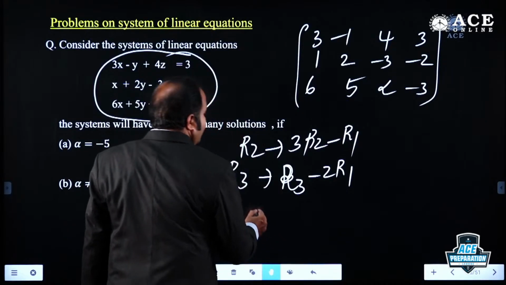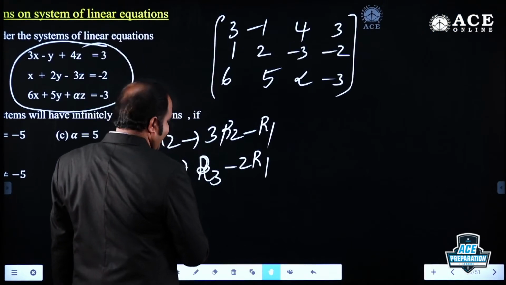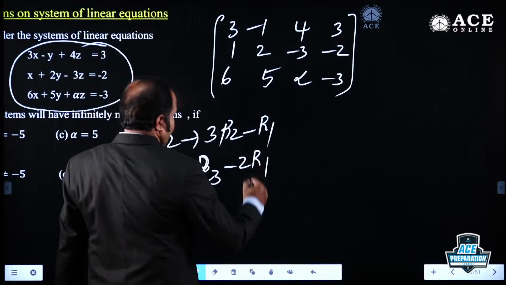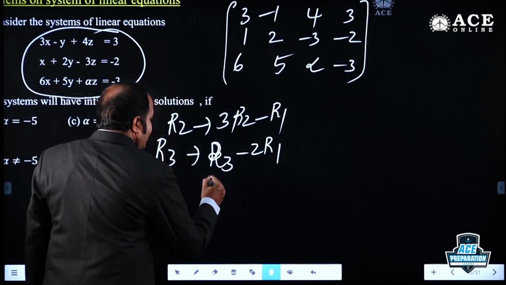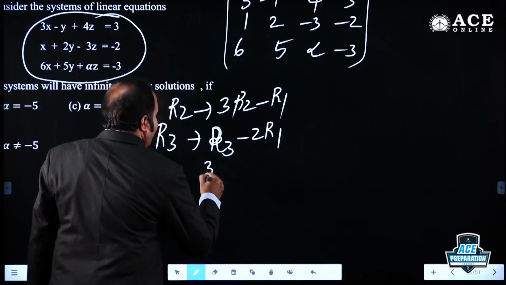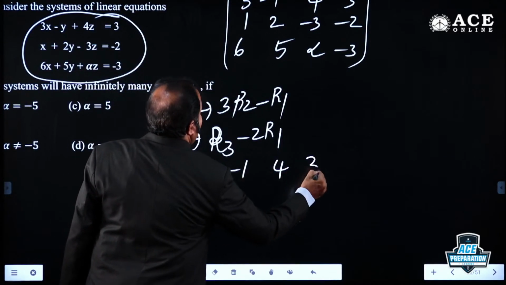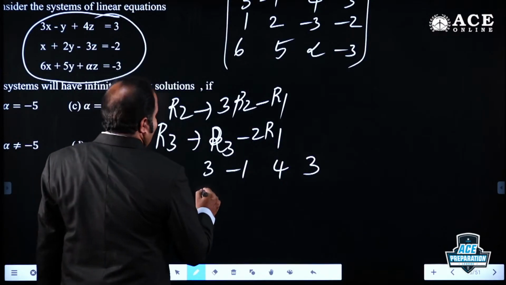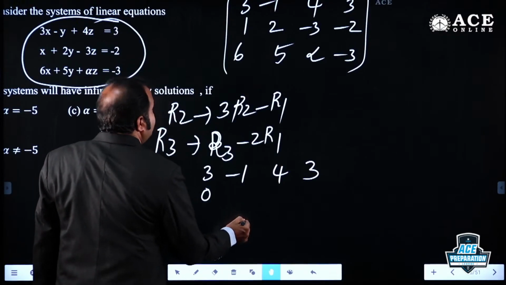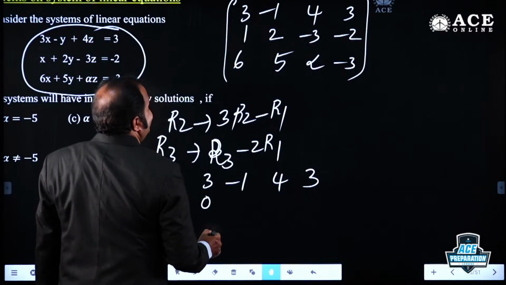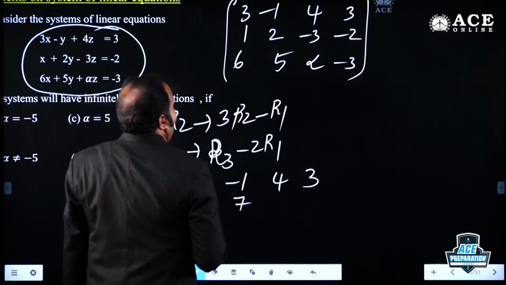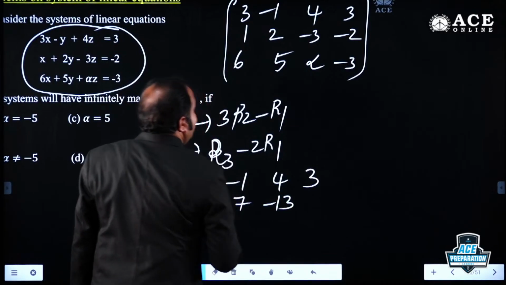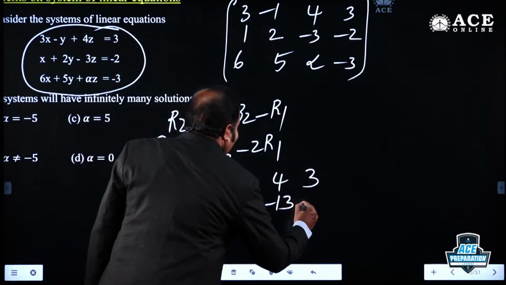By performing these operations, the matrix leads to the following form. The first row, 3, minus 1, 4, 3, remains the same. Next row: 3 times minus 1... 3 minus 3, 0; 3 twos are 6, 6 minus minus 1 means 7; next minus 9, minus 4, minus 13; next minus 6, minus 3, minus 9.